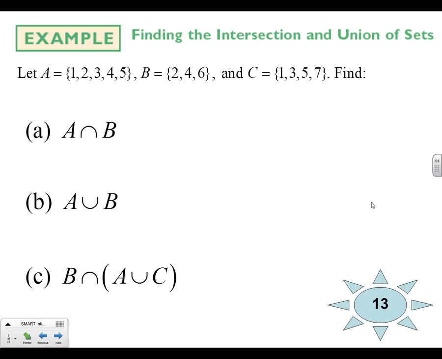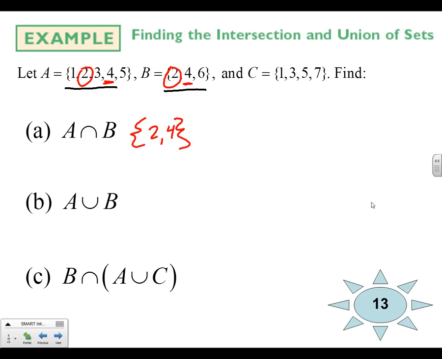So let's take an example here. We have the intersection of A and B. If this is A and this is B, what shows up in both of them? 2 does, so does 4, and that's it. So the intersection of A and B is 2 and 4.